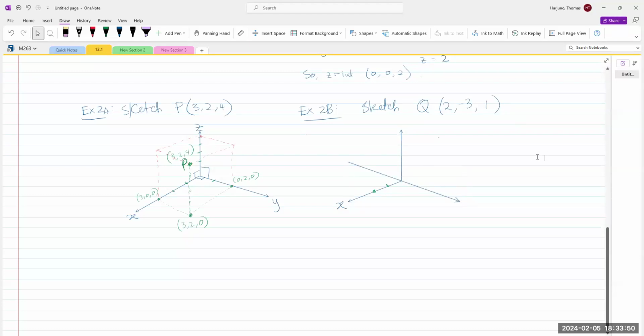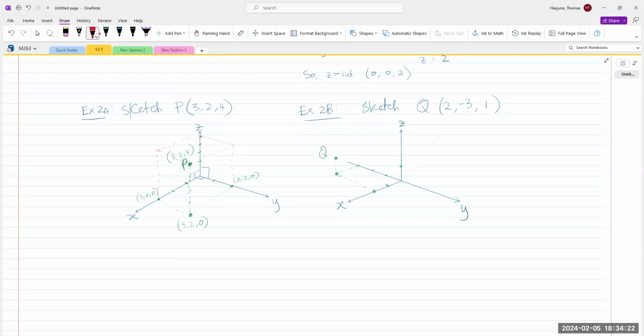Yeah. Okay, this is the y-axis and this is the z-axis. Right now, then -3 in the y direction. So I go backward there. Let's draw this first. Okay, and then from there we go up 1 unit, parallel to the z-axis, 1 unit. Okay, so this is coordinate q.